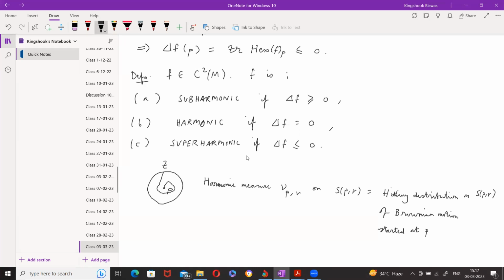So what happens in the rank 1 symmetric spaces? If I look at the isometries of the manifold which fix P, then that acts transitively on the spheres centered at P. Here K sub P is the stabilizer in the isometry group.